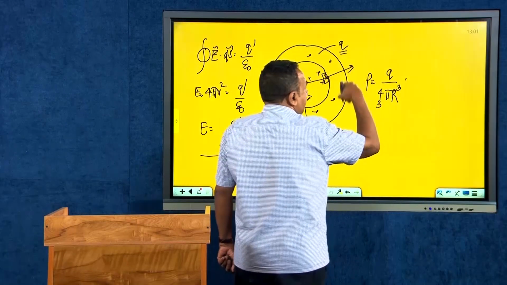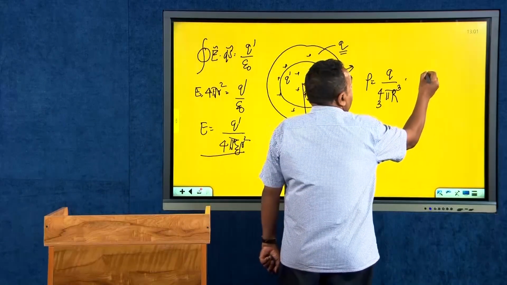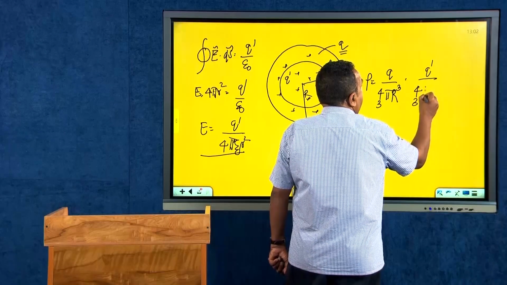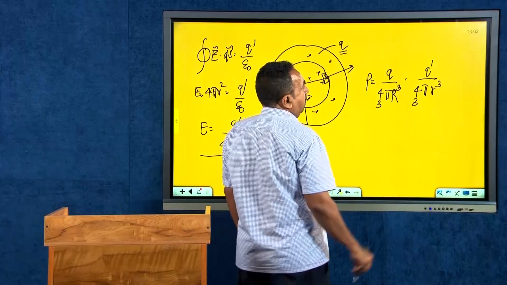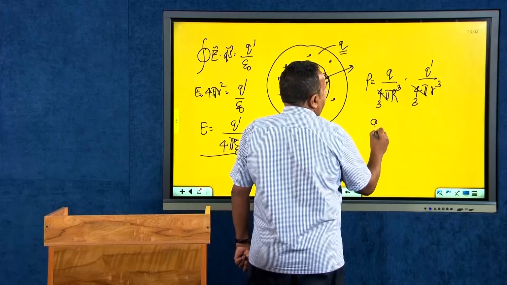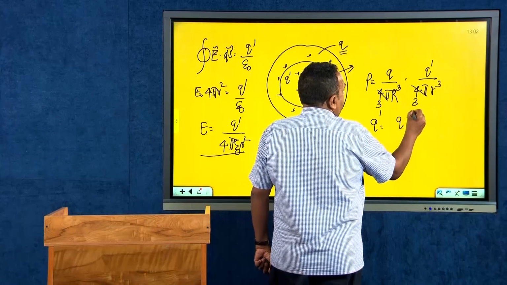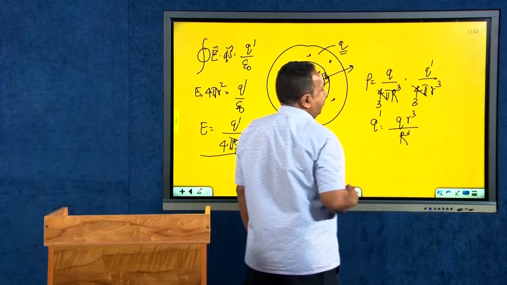Since it is a uniform charge distribution, that will be q prime divided by 4 by 3 pi, where the radius is small r. Therefore, this 4 by 3 pi and 4 by 3 pi cancel. Q prime is equal to small q into r cube divided by capital R cube.